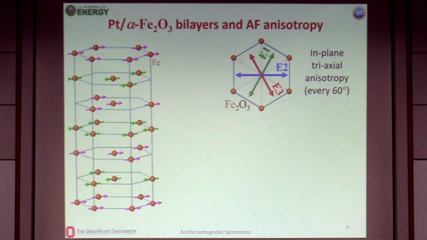But within this easy plane anisotropy, there is a weak, we call it triaxial anisotropy. So it turned out to be along these 3 directions. This double arrow direction is where the antiferromagnetic spins like to align. And that actually agrees with what we observe from our measurement.